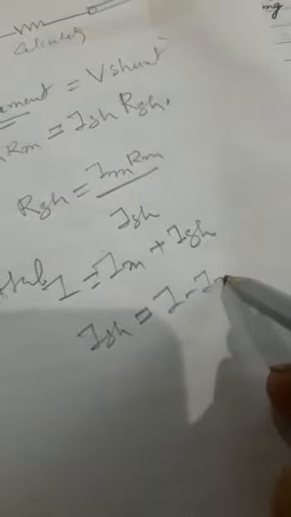But we have the total current, I is equal to IM plus shunt current ISH. We can transfer it, so ISH will be equal to I minus IM.